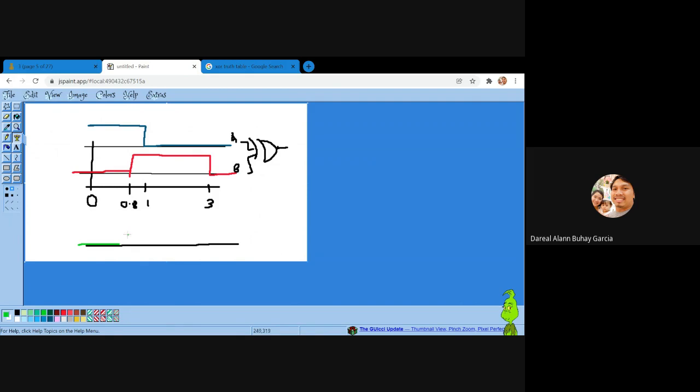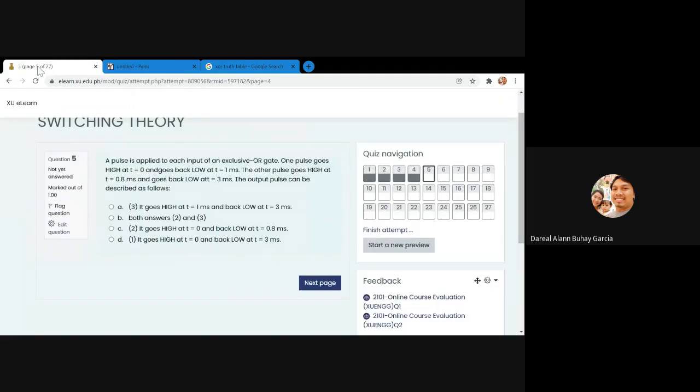From 0.8 to 1, both 1 sila, so 0 gihapon, hangtod 1. After 1 millisecond, lahi sila duha, so high. Hangtod 3, 0 sila duha. So, I think yan na. I hope I'm right.